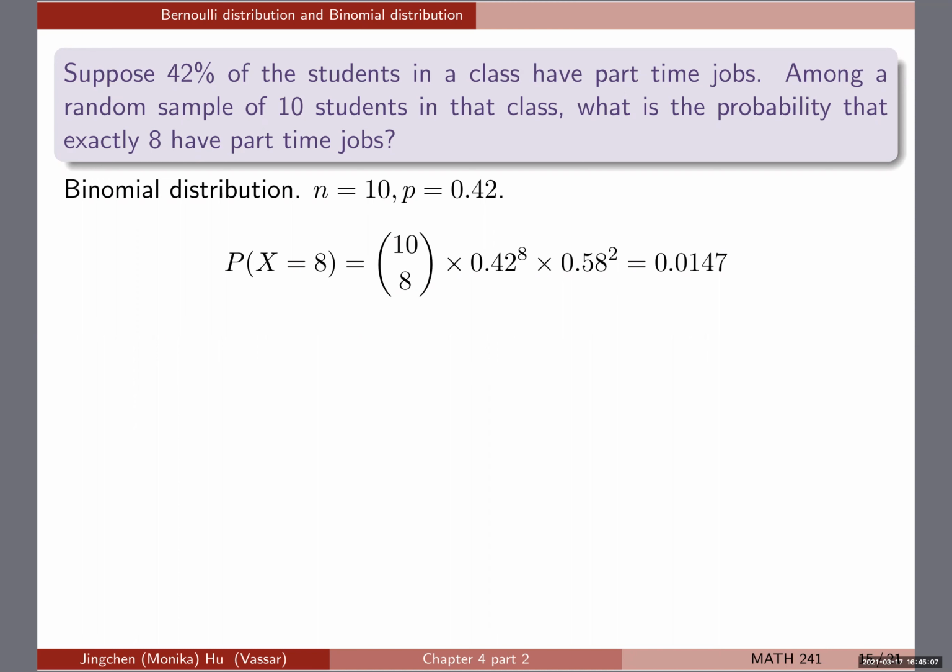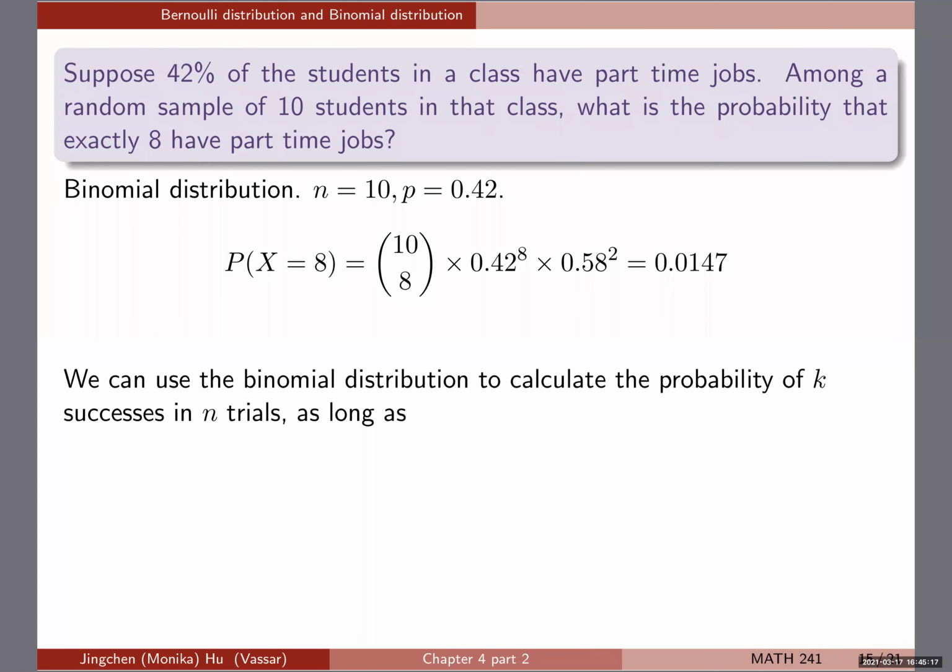Okay, so just to go over, remember the 4 important conditions when we're using the binomial distribution. Okay, so remember, the trials need to be independent. Here the question is saying that we're doing a random sample, which generally means that the selected observations are independent from each other.